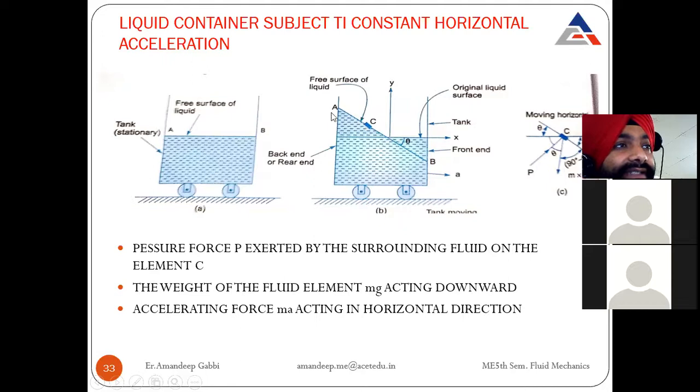Now this pressure is acting from all sides, but there is no fluid at the top, so a net upward force will be observed. This is pressure force P acting on this element C, and this is mg, the gravity force, and third one is ma, mass into acceleration, that is acting in this direction.